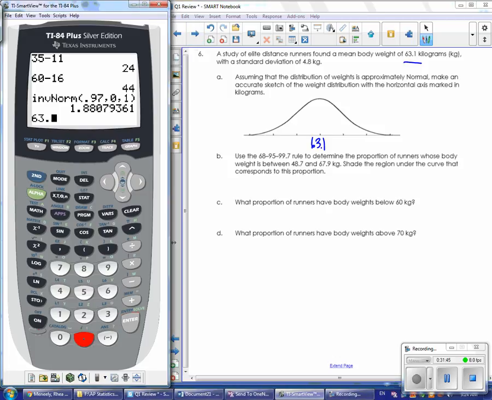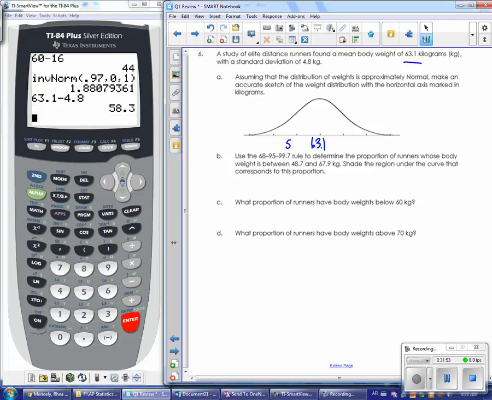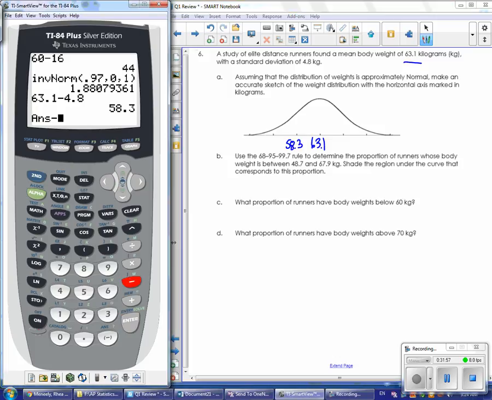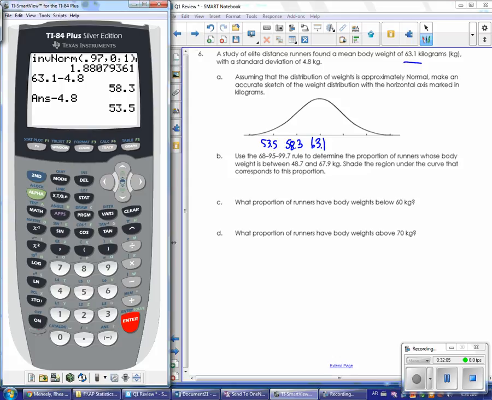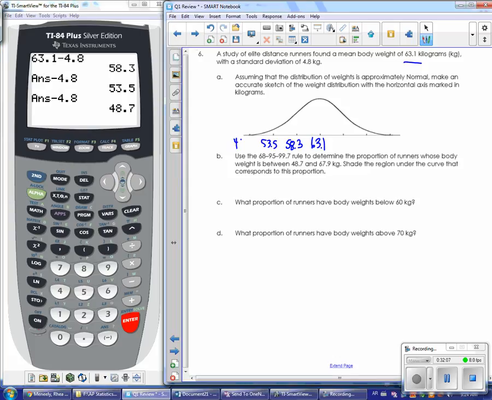to scale the rest of the axis, and I'm going to scale it according to my standard deviation. So I'm going to subtract 4.8, and we get 58.3. I'm going to subtract 4.8 again, and I get 53.5. Subtract again, and we get 48.7.